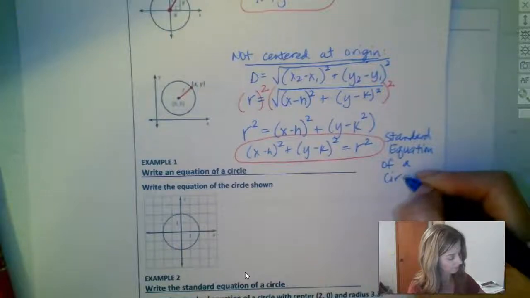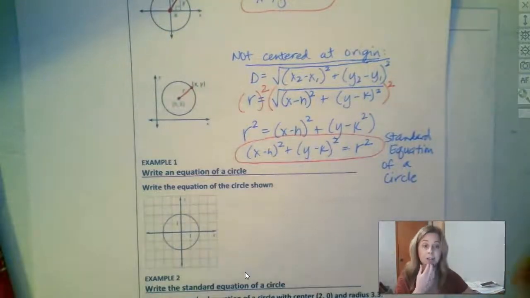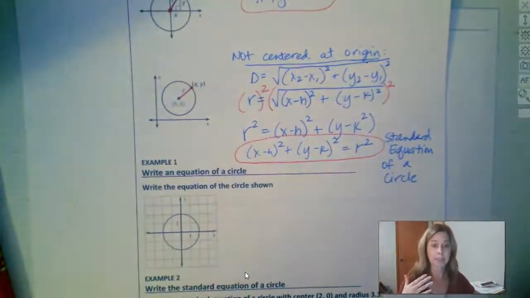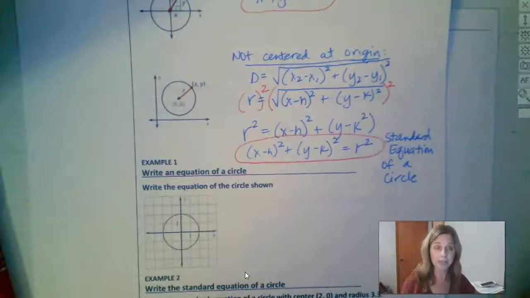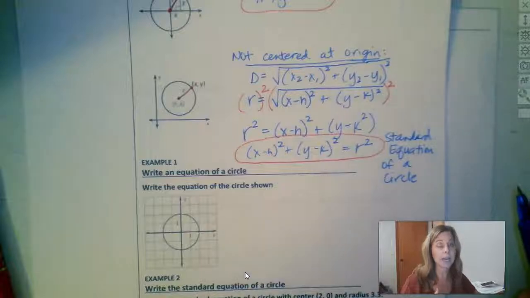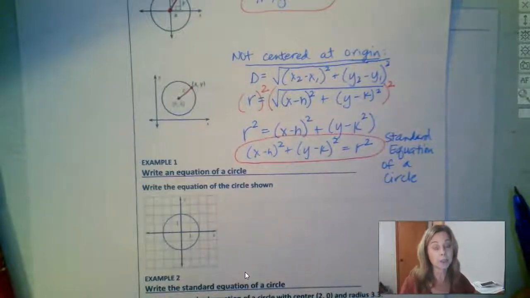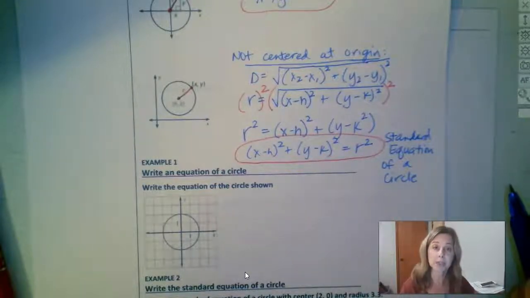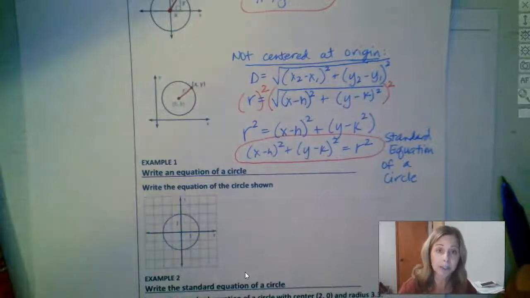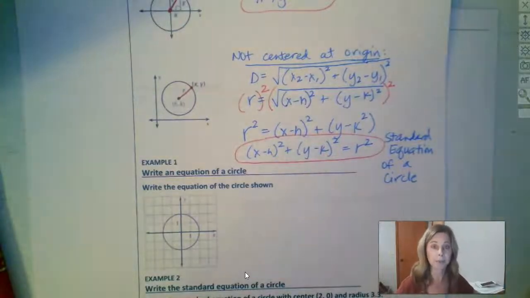Okay. Now, if you think about standard form of a linear, the ax plus by equals c. We have a standard equation of a circle. When you learned about quadratics and parabolas in Algebra 1, standard form of a parabola was ax squared plus bx plus c.